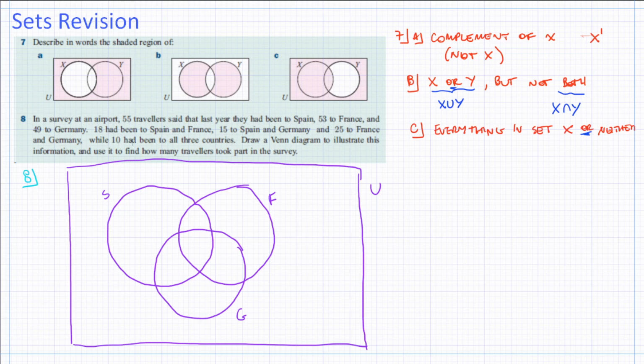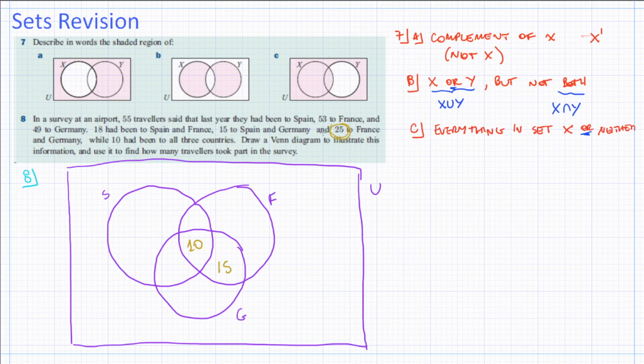10 people have been to all three countries. Now you look at the combinations two and two. For example, 25, France and Germany. Out of those 25, 10 went to all three countries, so 15 went to France and Germany only.